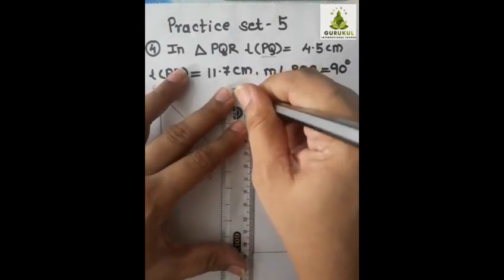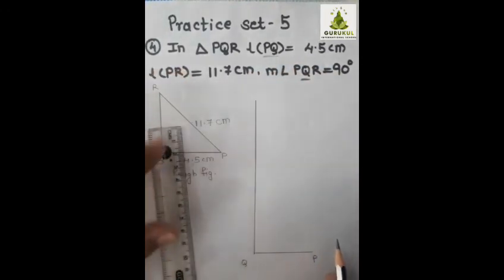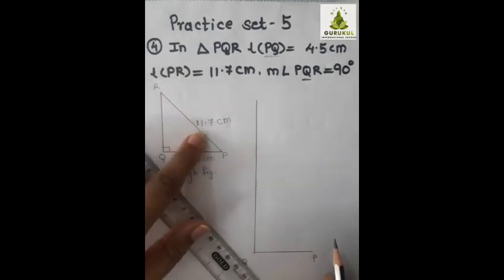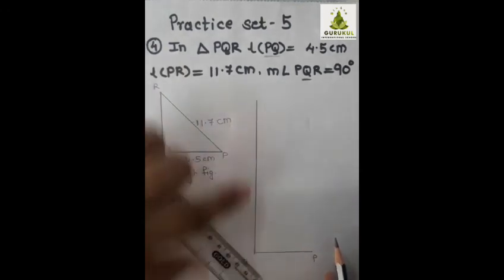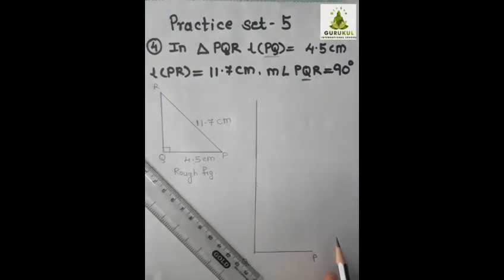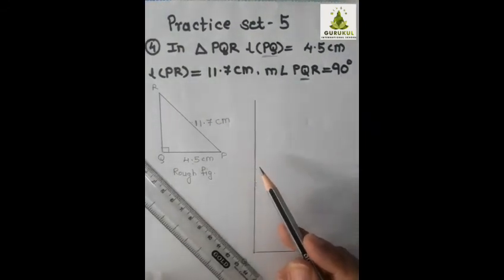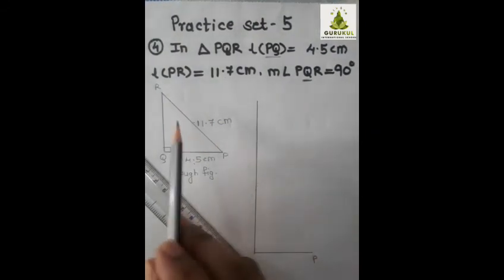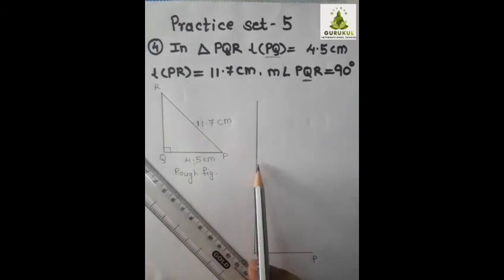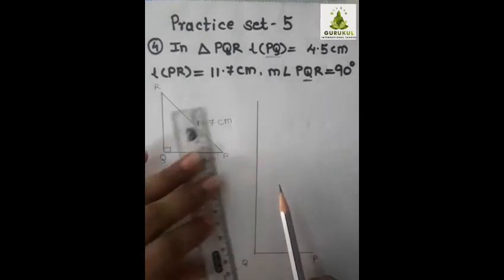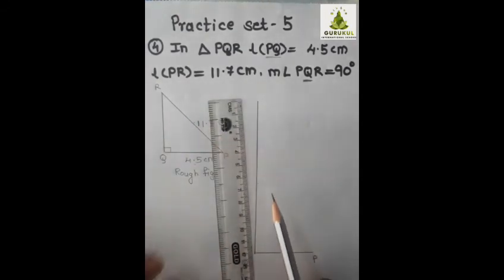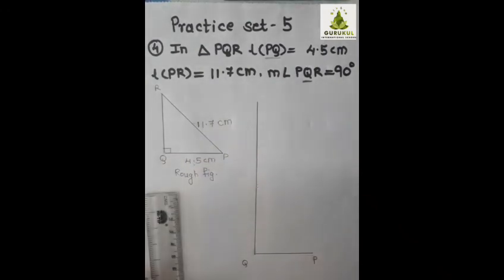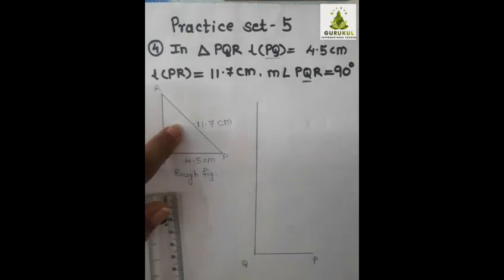Now I am extending it more because our hypotenuse length is a little bit more. Even if you draw it short and afterwards, while drawing the hypotenuse, you find that you have drawn it short, no problem. You can use the scale and extend it again, correct? Now next we have to locate the hypotenuse.